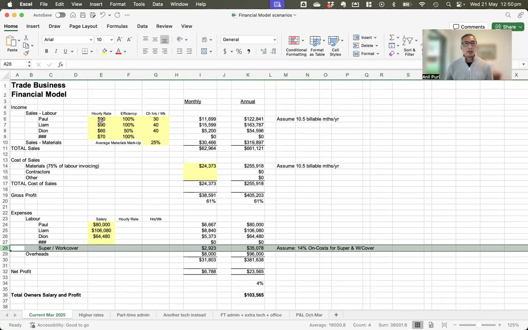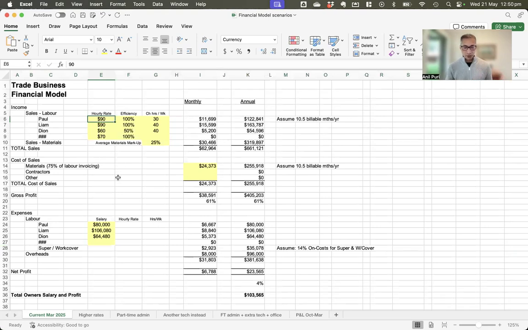So for example, one thing that I went through with this client is he's undercharging. He's a new business. He obviously hasn't had confidence in charging what he should be. Others are charging more like $110 to $140 an hour. So you can see here, currently it's saying roughly $100,000 in profit.